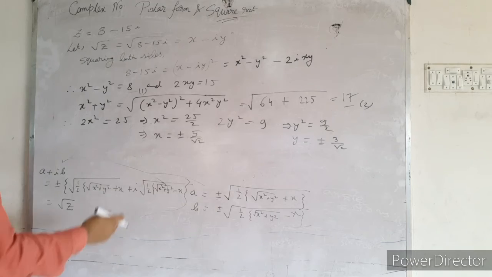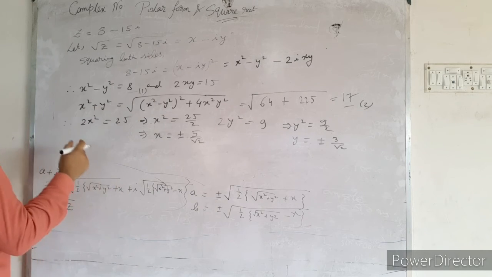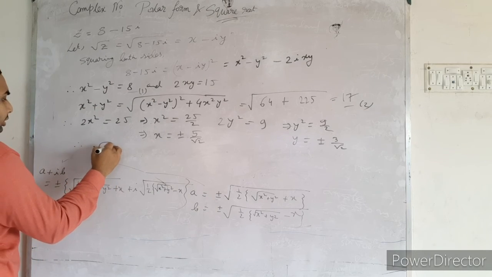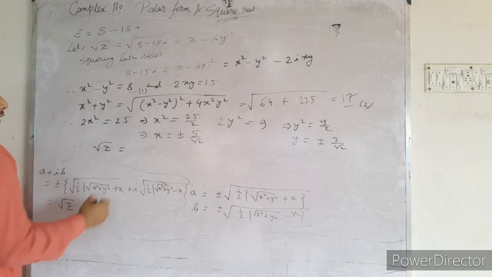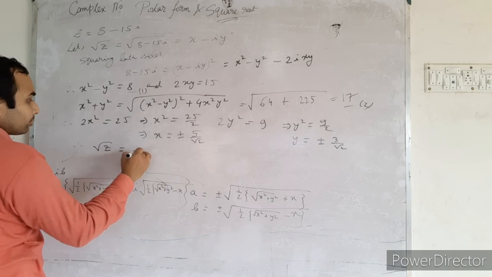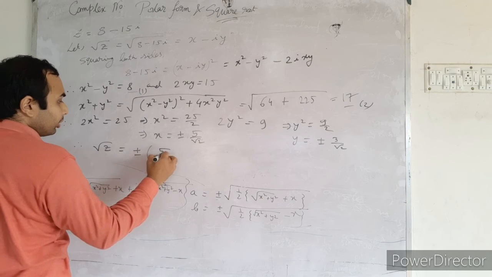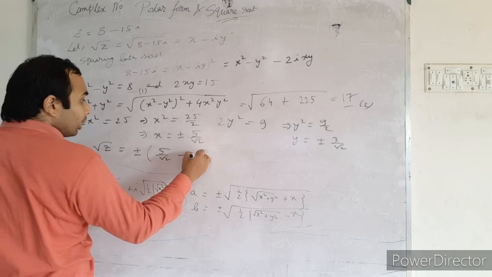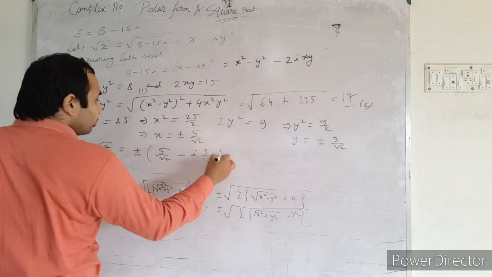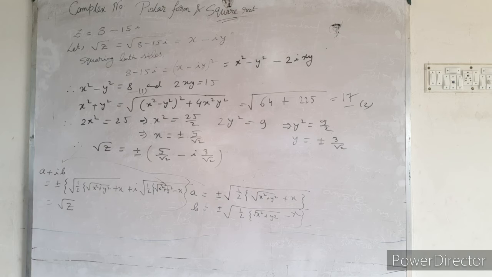Okay, so then root z equals x minus iy, so the plus minus will be common, 5 by root 2 minus i 3 by root 2. Here one conclusion should be there.